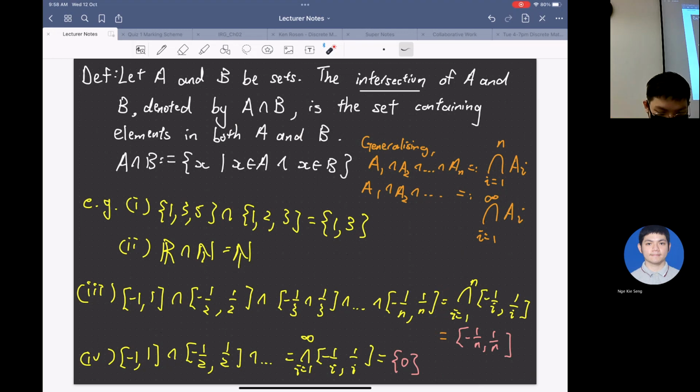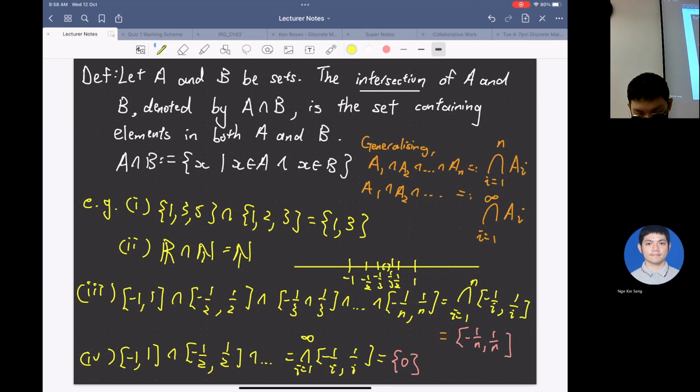And then the line should be quite easier to see. So like -1 to 1, and then -half to half, and then -third to third, and so on, and then keep going down.